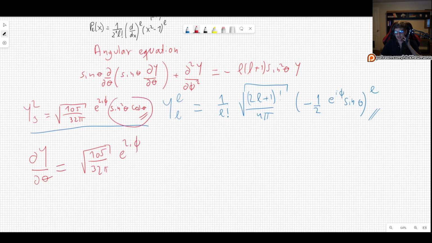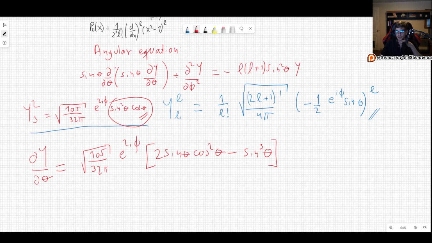And now we need to take this derivative. So we get 2 sine theta times the derivative of sine, which is cosine, so we get cosine squared of theta, plus, now we get sine squared, I'm using the product rule here, times the derivative of cosine theta, which is minus sine, so we get minus sine cubed. So this is what we get.